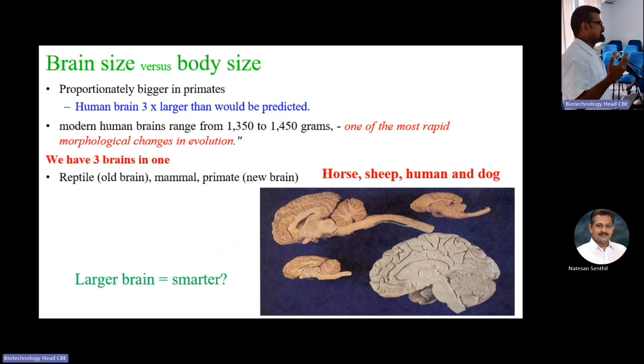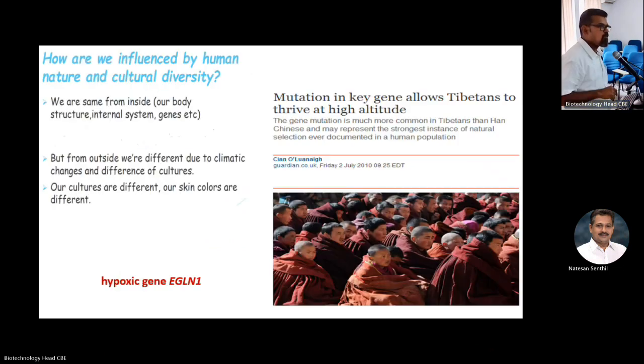So the human brain was 3 times larger than would have been predicted, because evolutionarily, based on the other organs in the human body, the human brain had a much faster evolution, right? 3 times it was larger than what it should have been. It is simply because we have three brains in one. We have an old reptilian brain, we have a mammalian brain, and we have the new primate brain as well. It is one of the most rapid morphological changes in evolution.